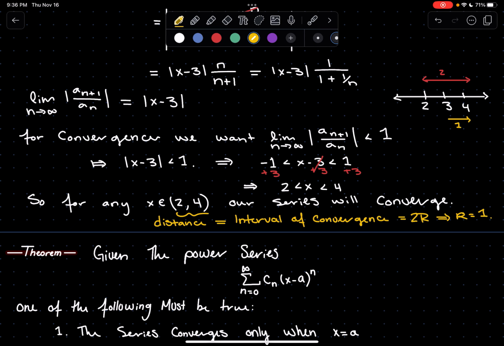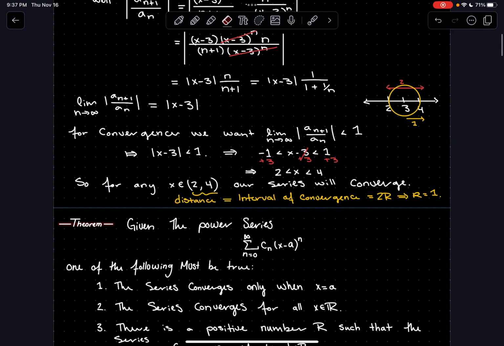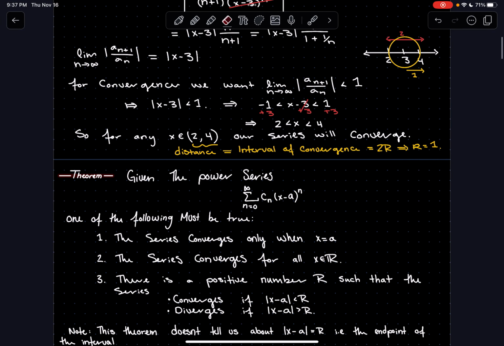The radius, if you thought of this as a circle here on this number line, and there's a good reason why we call it radius. It has to do with complex numbers, but we're not going to get into that. But that's why this function here has what we call radius of convergence 1, because that's the radius of this circle. Okay, so we'll look at this next theorem, and we'll do a couple more examples.